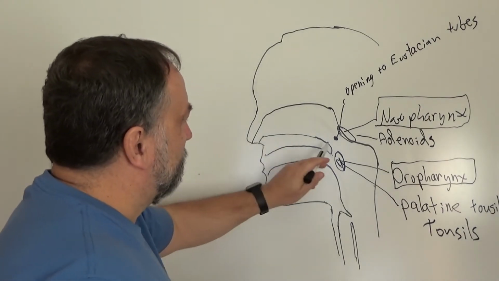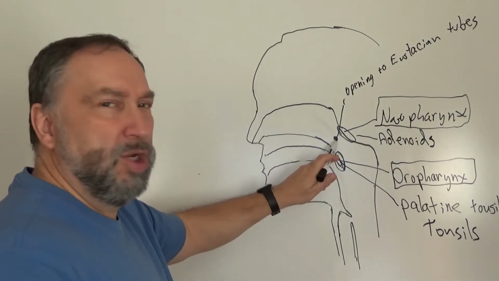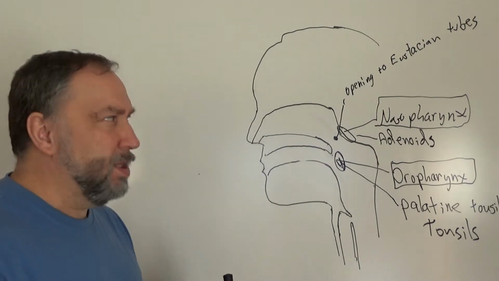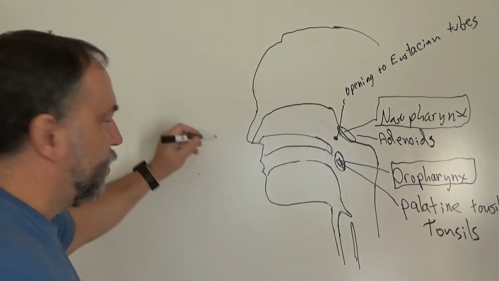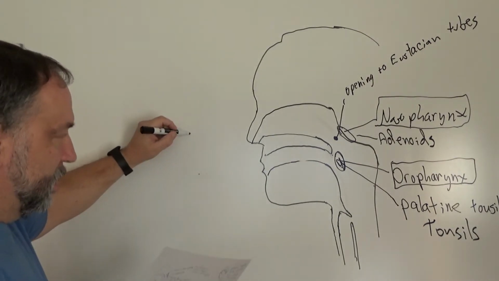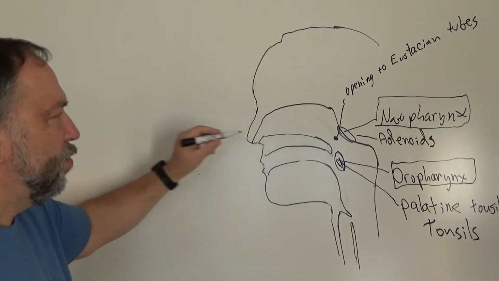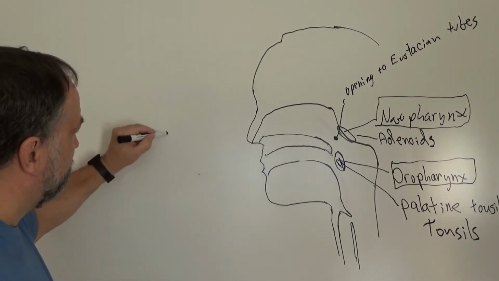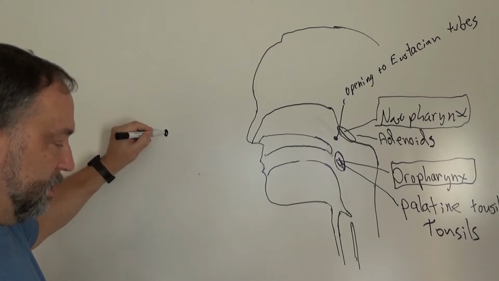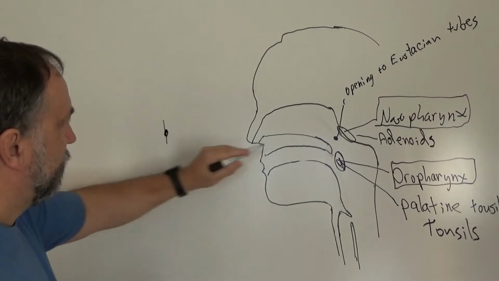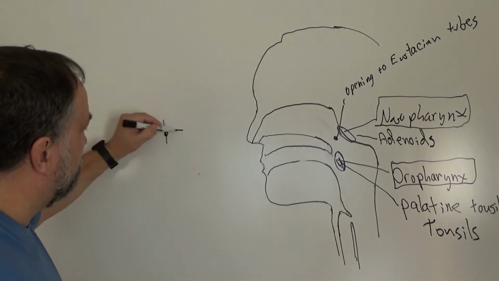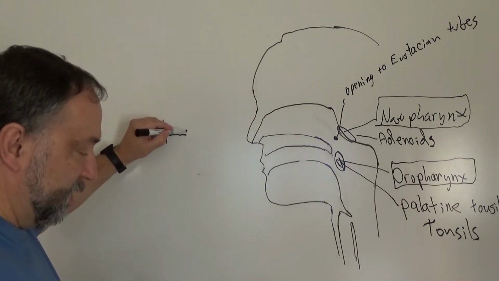One thing I'm going to talk about is the eustachian tube opening right here, and the difference in kids versus adults. In kids it is more straight and wider. So I'm going to draw the opening here in the nasopharynx, and this is a child's, and that opening comes over like this.